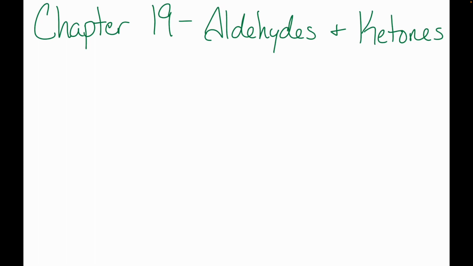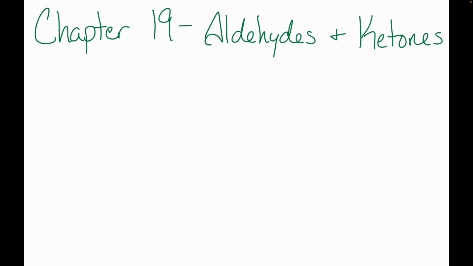All right, so just to remind us, aldehydes and ketones are both carbonyl-containing compounds. And you may or will hear me gripe about the fact that they're considered different functional groups because they have very similar behavior. An aldehyde is when you have a terminal carbonyl group, meaning it's on the end of the molecule.